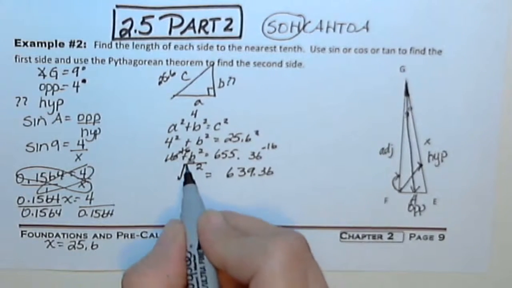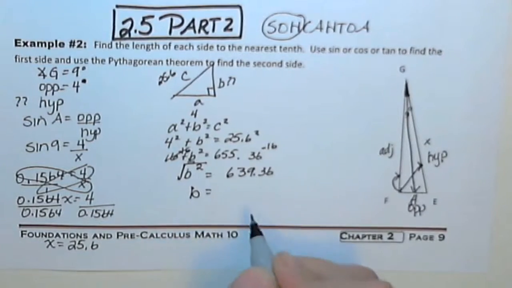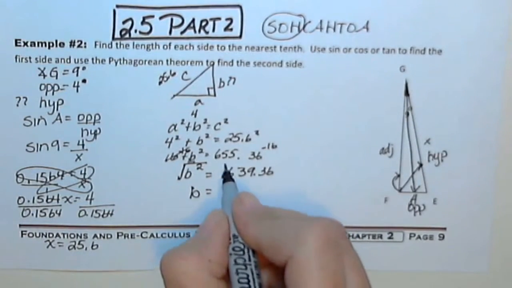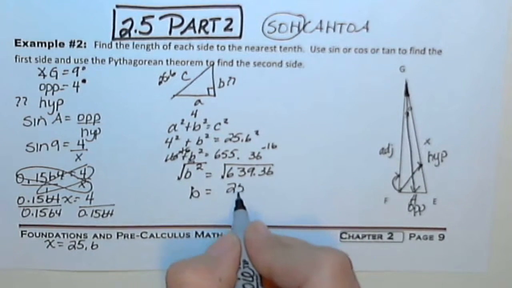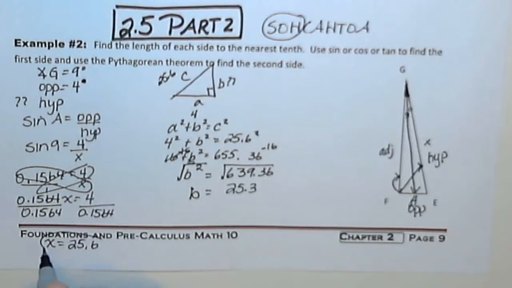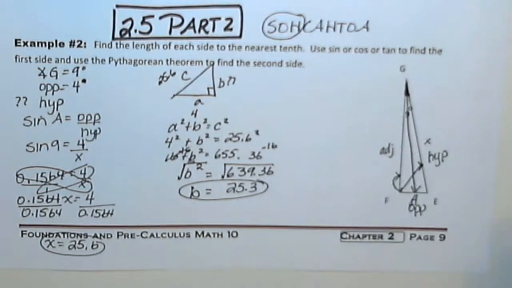Now when you do that, the square root and the square essentially cancel out, and you're left with the b. However, you need to be fair. Whatever you do to one side, you need to do to the other. So we are going to have to square root this number as well. And we end up with 25.3. So our one side is 25.6, and our other side is 25.3.